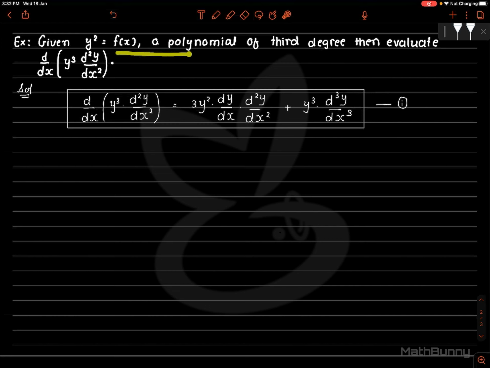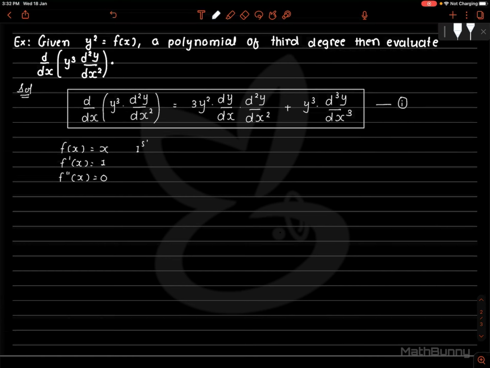F of x is a polynomial of third degree. Why it is given? Let's assume if f of x is to be x, then f dash of x would be 1 and f double dash of x would be 0. In any case, for first degree, the second derivative would be 0.